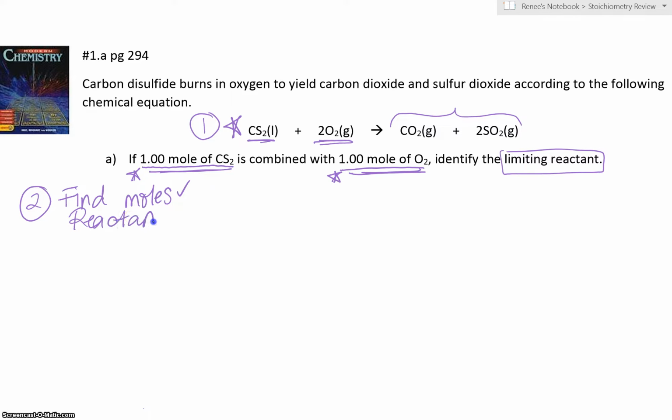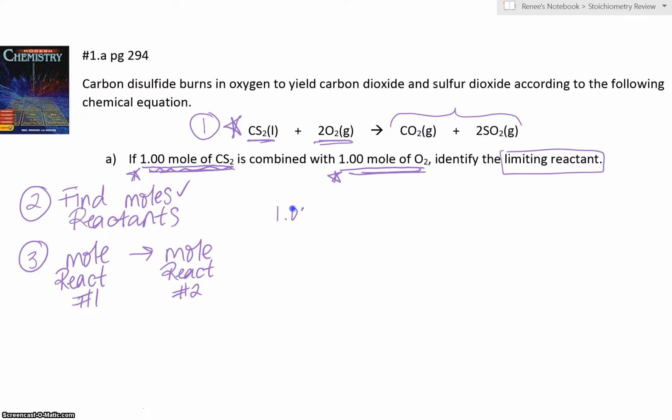Okay, so the third step of the problem is to go from moles of one reactant, so basically our mole-to-mole problems, to moles of the other reactant. To do that, we just see what's given to us. I'm going to start off with the carbon disulfide, which is this one.